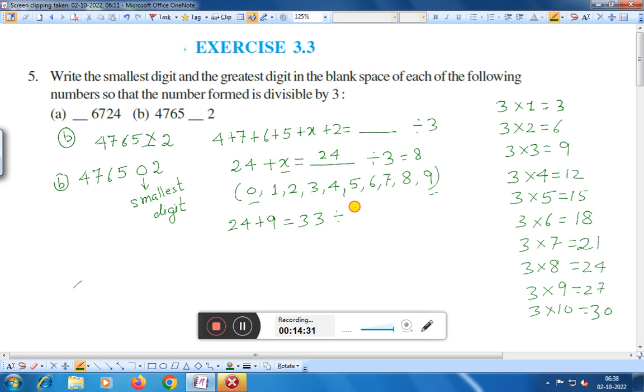And you know that 33 is also divisible by 3, 3 elevens are 33, right? Therefore, the greatest digit will be 9. That means you can write the number as 476592, and here you see that 9 is the greatest digit.